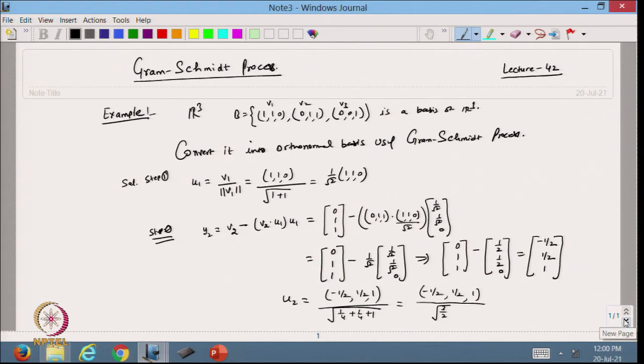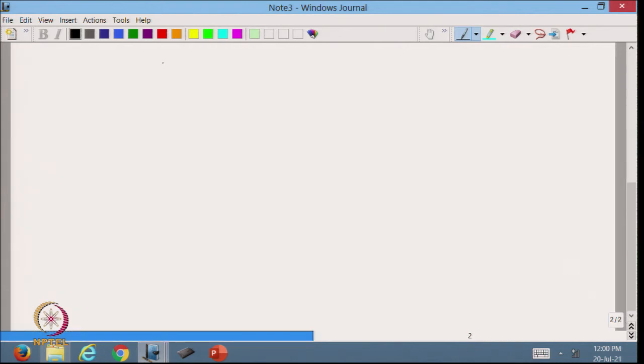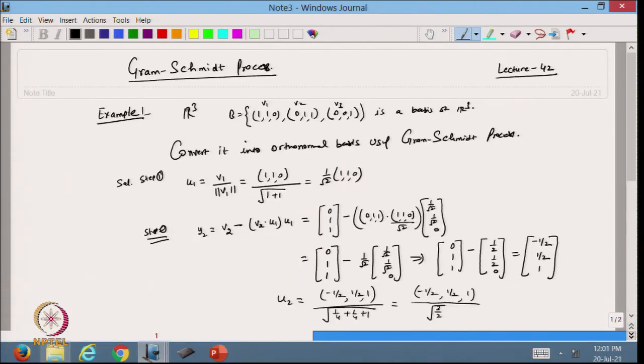Now, from here I am able to get U1, which is the vector 1 by root 2, 1 by root 2, 0, and I am able to get U2. I can write U2 as minus 1 by 2 into root 3 and root 2.